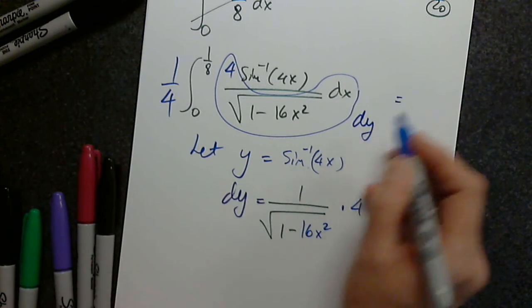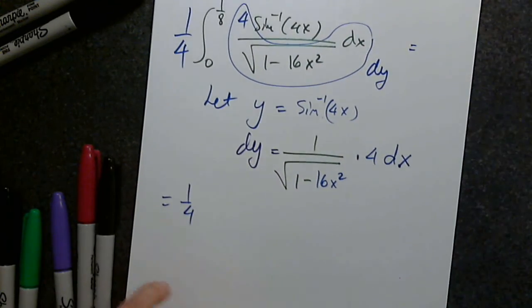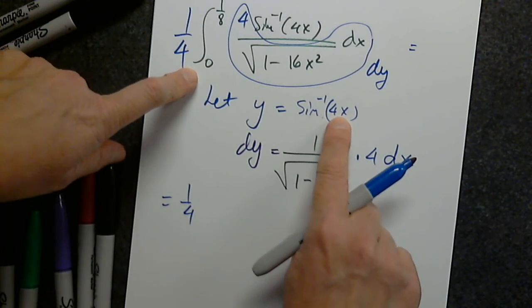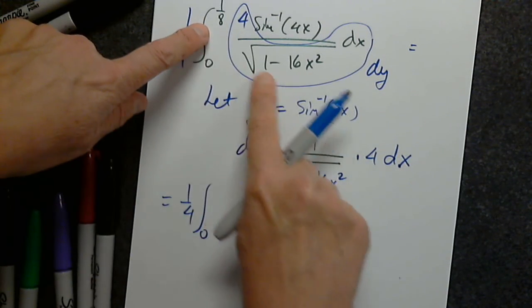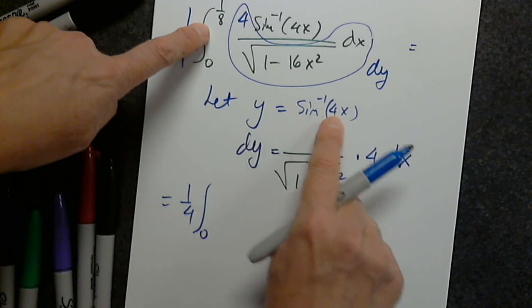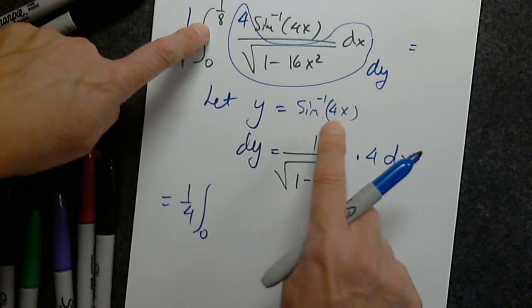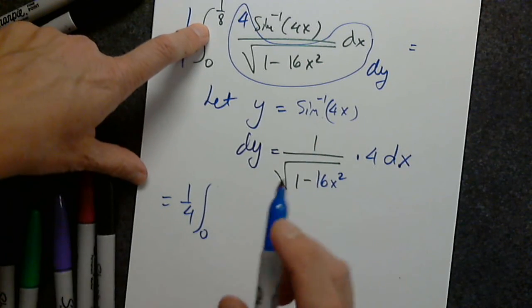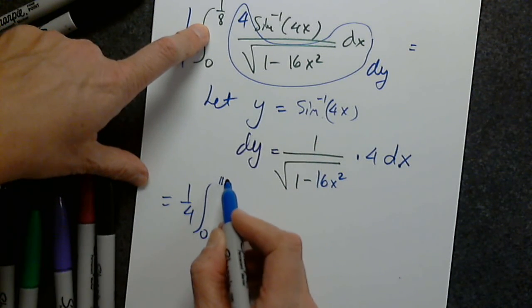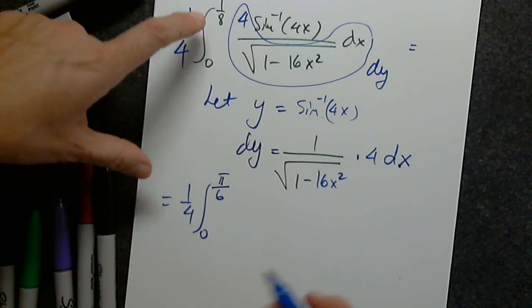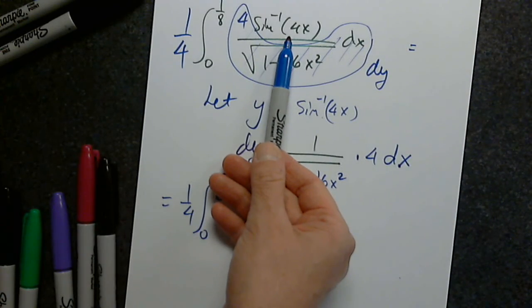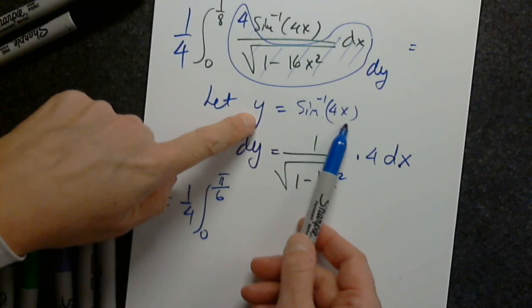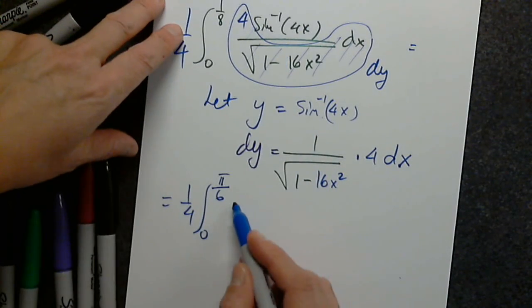This is dy. Copy 1/4, do not copy the limits of integration. So please tell me what is the lower limit. Sine inverse of 0, which is 0. Sine inverse of 1/2, because it's 4 times 1 over 8, which is 1/2. Which angle has sine 1/2? The small one, pi over 6. Good, so let's see what's left. If this is dy, what is that? y dy.